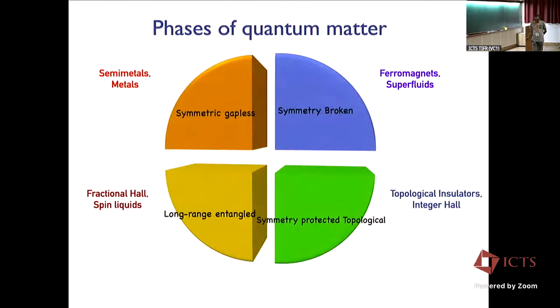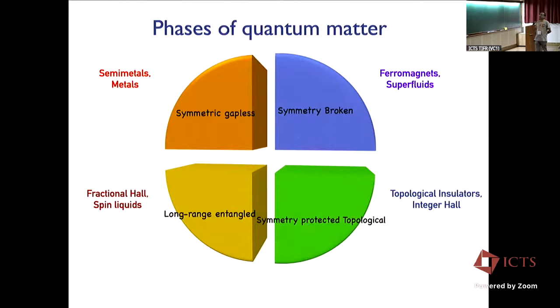Okay, so just to set the tone, trying to understand various phases of quantum matter, we now realize that there are these four big chunks. The most familiar ones are the symmetry broken phases like ferromagnets and superfluids.